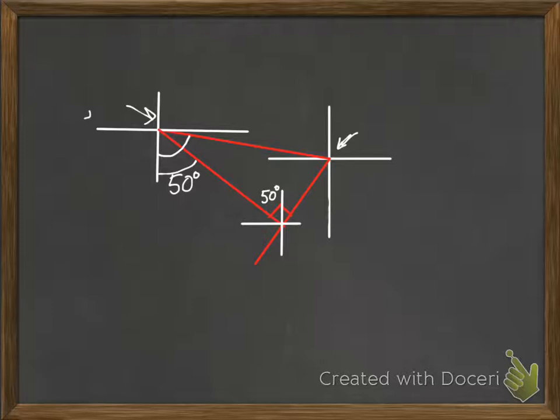Now how do I find that that's 50 degrees? Well, I can find that because those two y-axes are parallel lines. So I have two parallel lines there intersected by the red line, which is a transversal. So because of that, alternate interior angles are of course congruent.